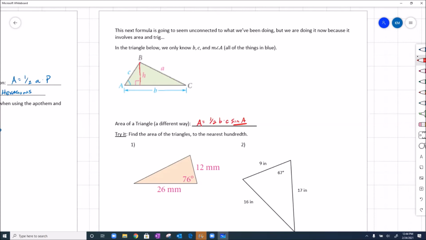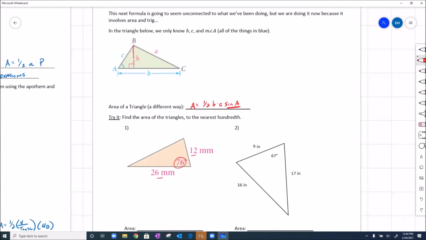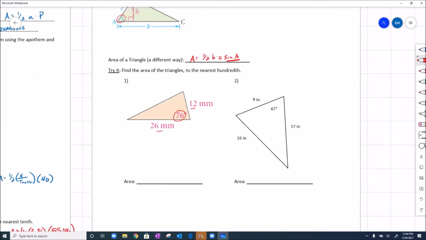And so here, as we're looking at this triangle, we have sides 12 and 13, and an included angle. And notice here that we had that A was an included angle. And so we can use this formula: A equals 1/2, we'll just call it B, times C, times sine A. And so as we do that, A equals 1/2 times 13 times 12 times sine 76.